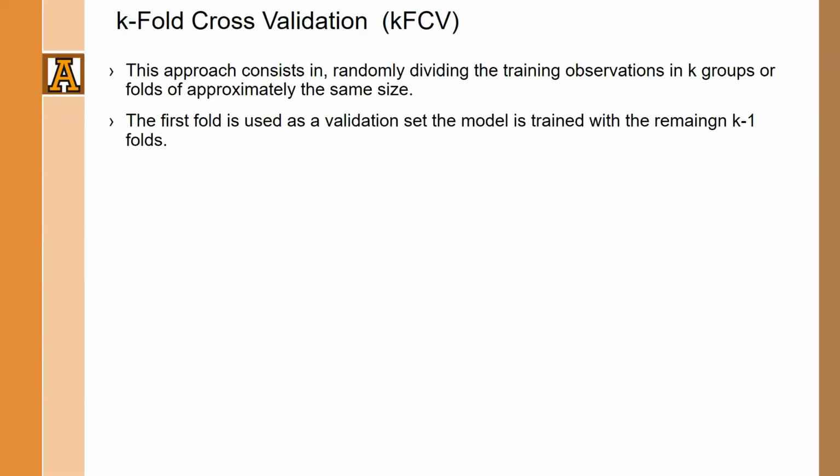The first fold is used as a validation for the model that's trained with the remaining 9 folds. The second fold is going to be used as a test set to validate the model that's trained with fold number 1 and folds number 3 through 10, and so on.